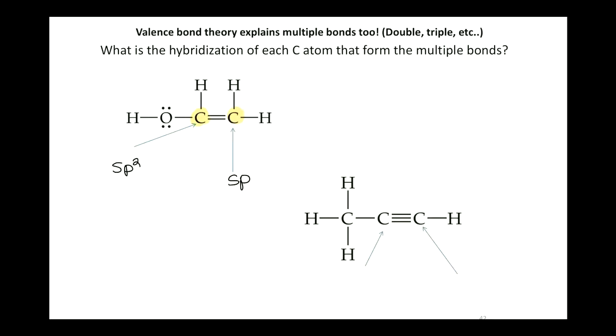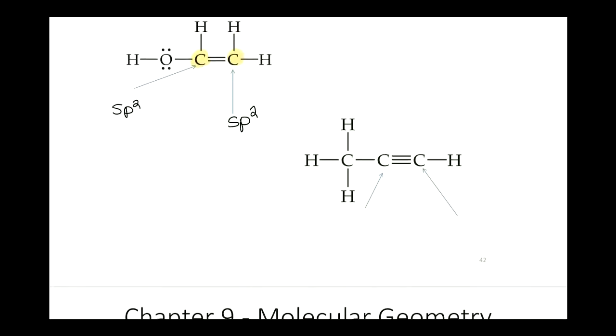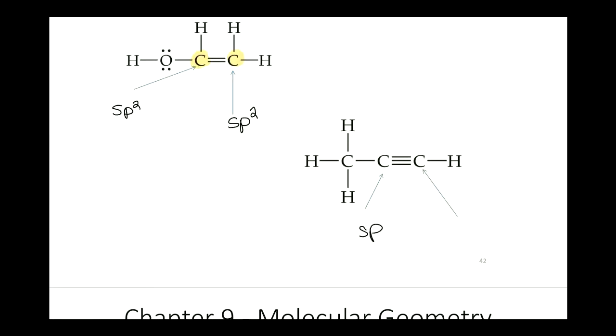sp2. All right. So in each of these, did I mix all of the atomic orbitals from those carbons? No. There are still some p orbitals left over that aren't doing anything, so we will talk about those leftover p orbitals. What about in this triple bond? That first carbon is what hybridization? sp, and the next one is also sp.